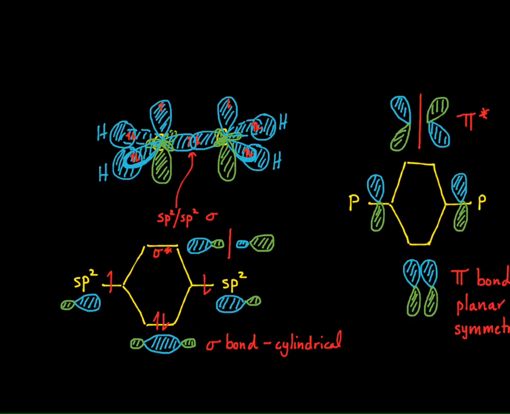And so now, when we take a look at that particular bond, we basically see that there's overlap between the two electrons in our p orbital here, right? And we create now a pi bond.